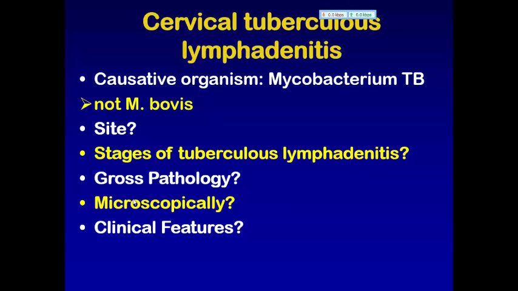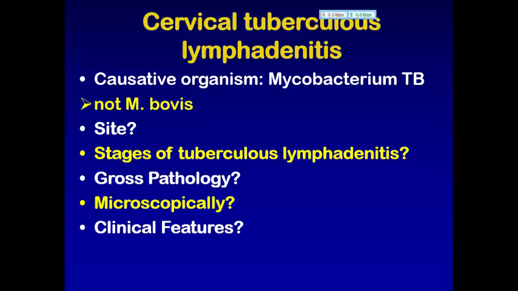We say there is caseative necrosis. Microscopically, epithelioid cells with caseating material are seen along with Langhans type giant cells. These are epithelioid cells that unite together, forming a giant cell with multiple nuclei.